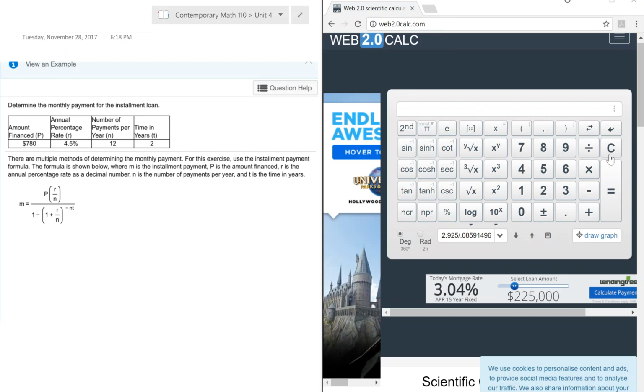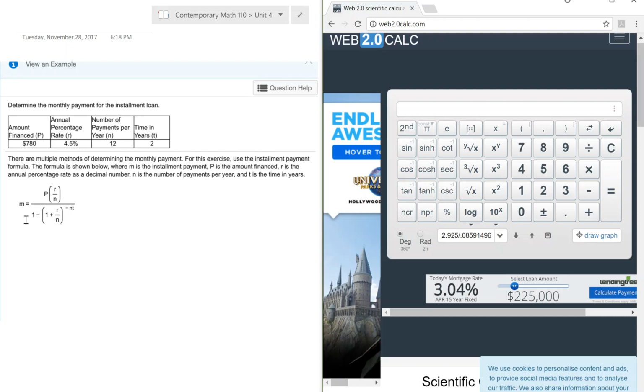So what I'm going to do is press clear a couple of times, and now I'm going to work on this installment loan question. So we have an amount financed, P, of $780. The percentage rate is 4.5%. The number of payments per year, N, is 12, and the time in years, T, is 2.